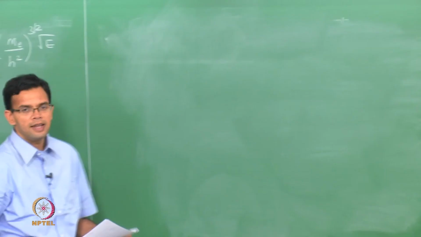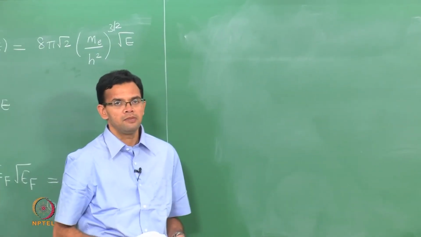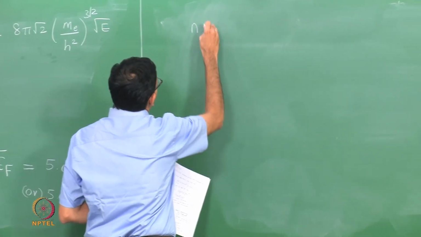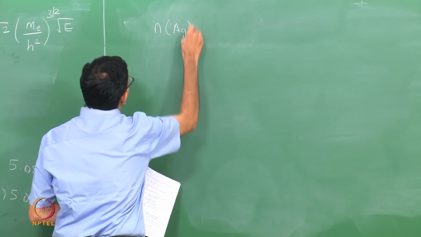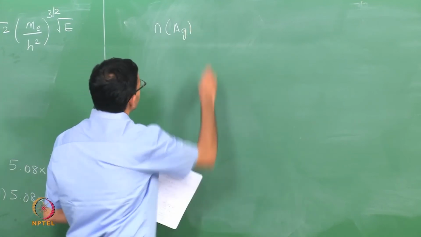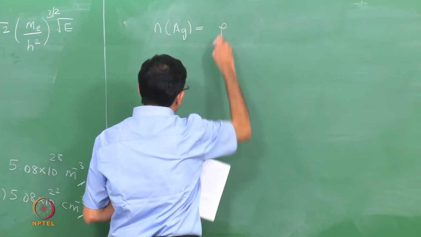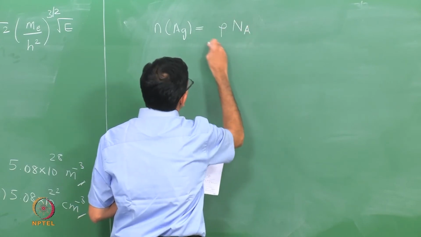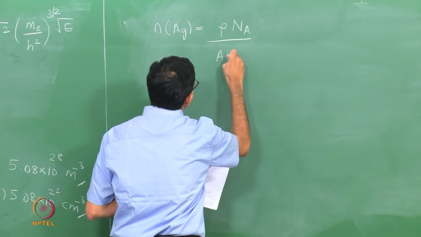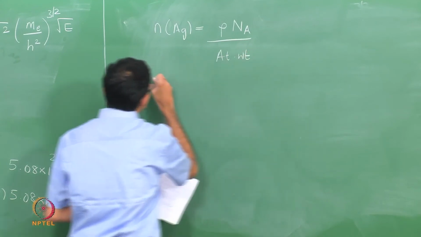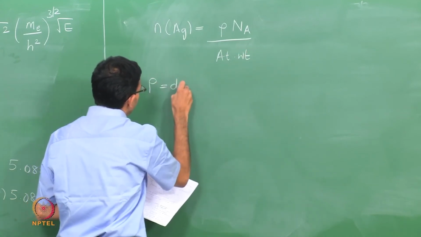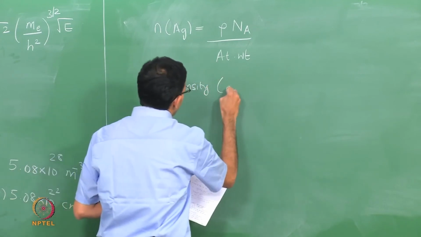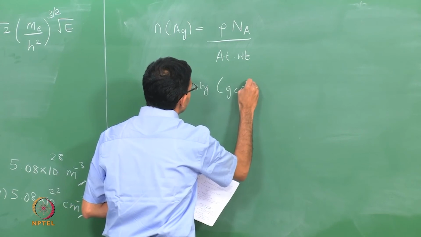We can also calculate the total number of atoms that are there in silver. Number of atoms in silver per unit volume depends upon the density, Avogadro's number, and the atomic weight. So, rho is the density. You can write it in grams per centimeter cube.